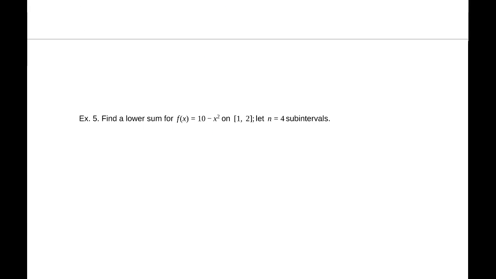Example 5. Find a lower sum for 10 minus x squared on 1 to 2 with 4 subintervals. I'm going to sketch what that function looks like so we can have an idea over the interval 1 to 2. It has a vertex at 0, 10, and it is decreasing to the right and increasing on the left.